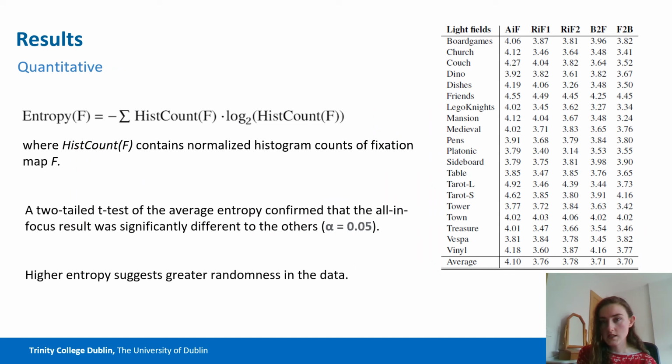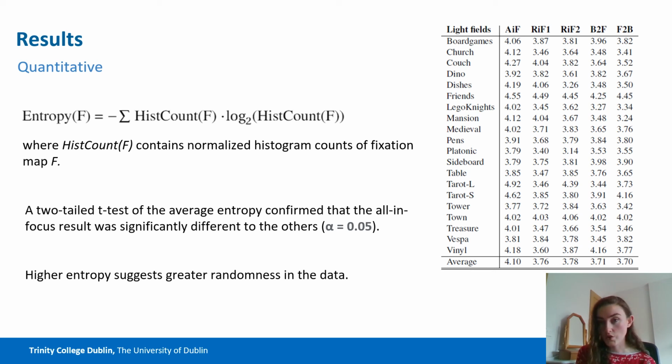So we wanted to see if the dispersion we were seeing in the saliency maps of the all-in-focus renderings could be quantitatively observed. We did this by calculating the entropy of fixation maps we created, which indicate a 1 if there was a fixation and a 0 if there was not a fixation.